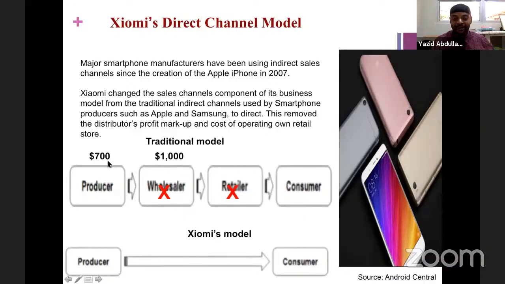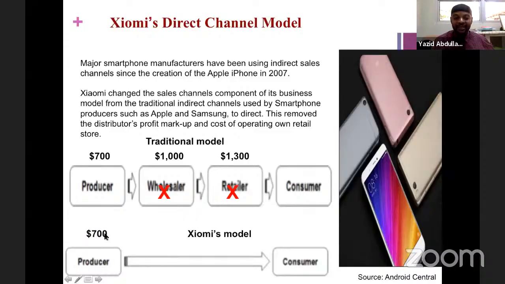Can you see? Now the price of the iPhone goes from $700 to $1,000. Why? Because they have to make profit. When it gets to the retailer, what do you think the retailer will do? They will also add their own price, right? So the price becomes $1,300. So you as the customer, by the time you buy an Apple phone, you're buying it at what? $1,300. Expensive.